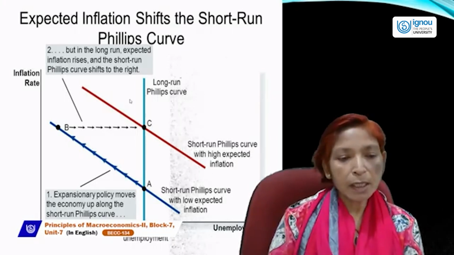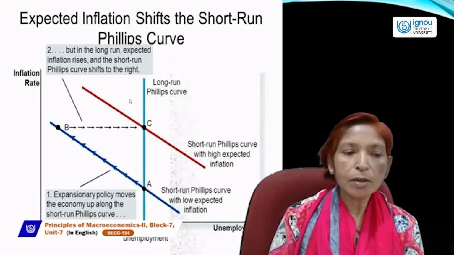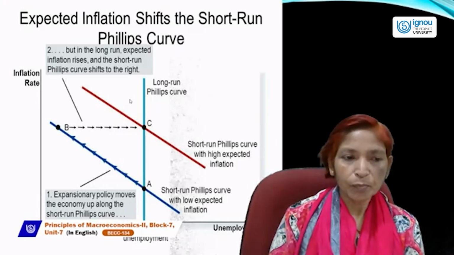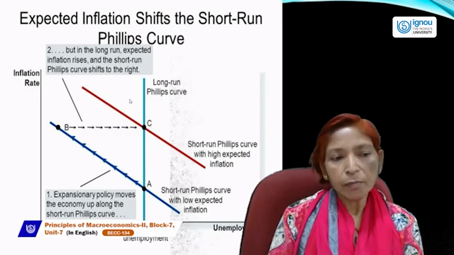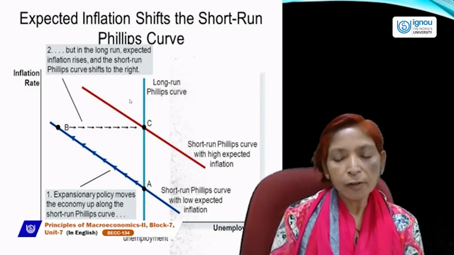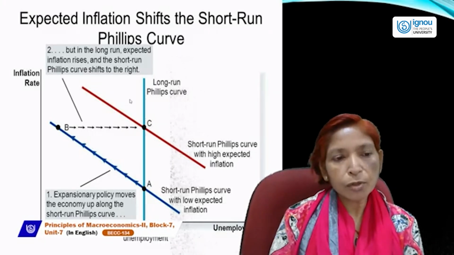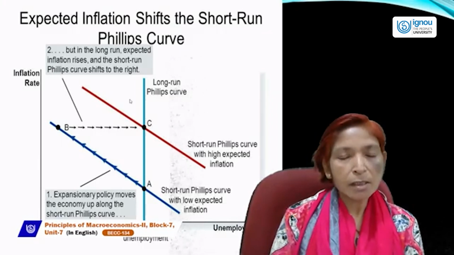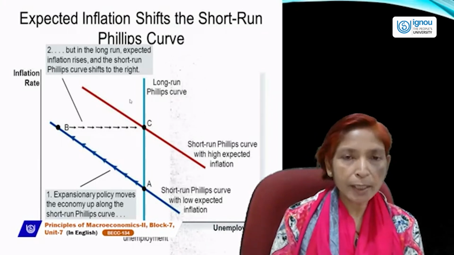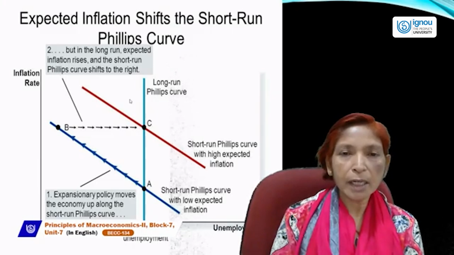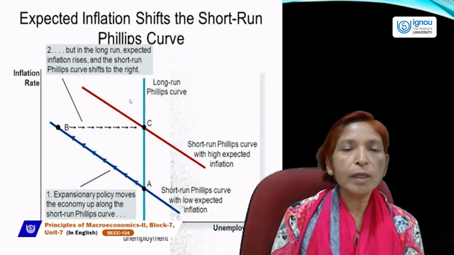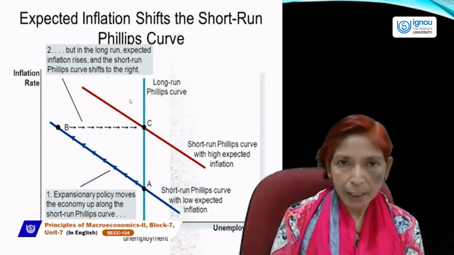So expansionary policy moves the economy up along the short run Phillips curve. Here, if we are moving from point A to point B, this upward movement is showing that the inflation rate is increasing due to an increase in money supply.